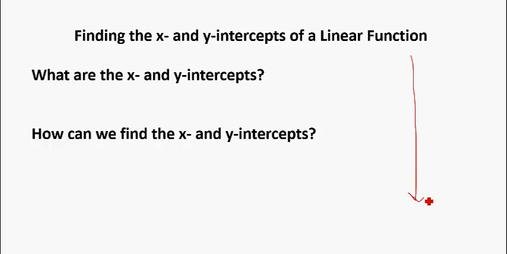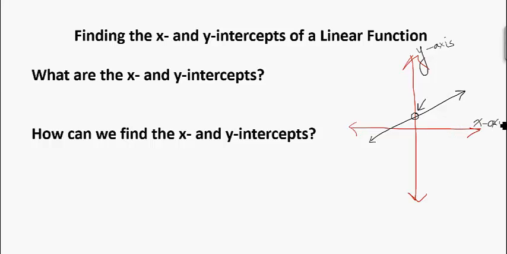So if I were to draw a graph, draw a coordinate plane, and say we had a line that looks something like this. If you'll notice, this line crosses the y-axis, your vertical axis, at one point, and your x-axis at one point.